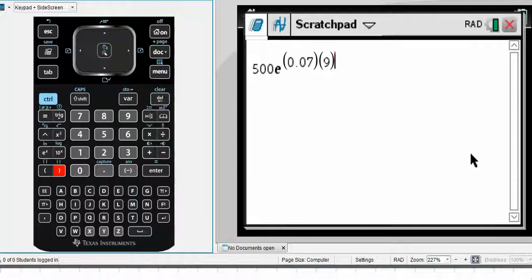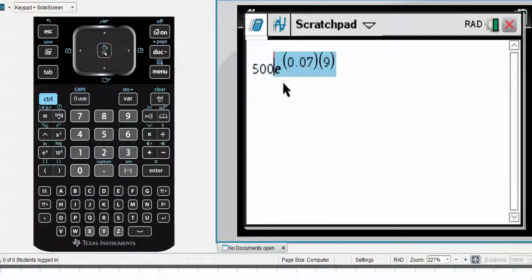Here's what the equation would look like when written in our TI Inspire calculator. Notice that this letter e is a bold letter e, and I got that value by using this button here on the calculator. So when you're using the natural base e, make sure you use this key and not the letter e from the keypad down below.